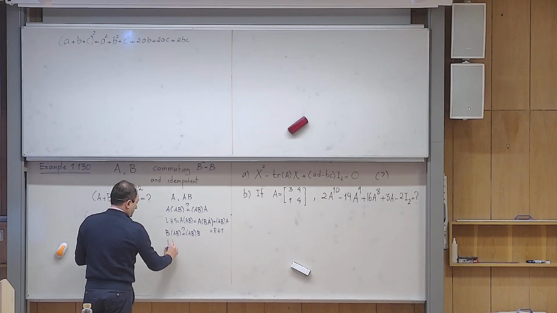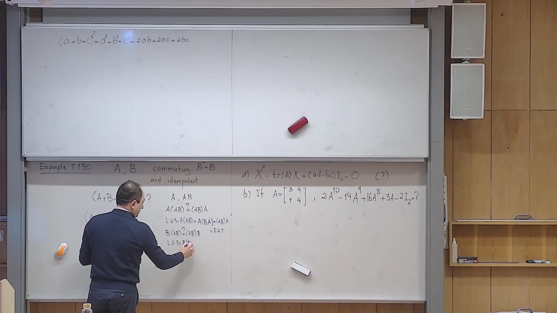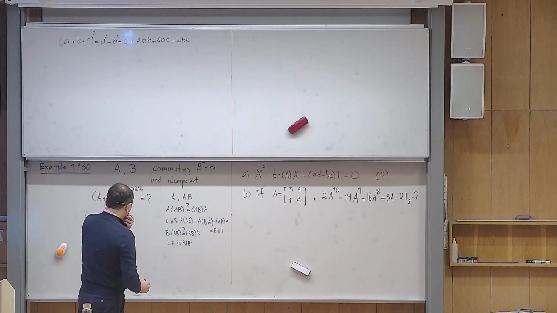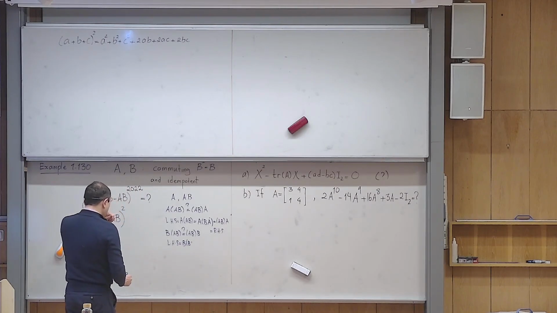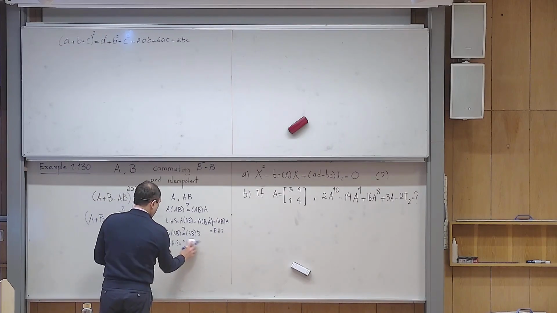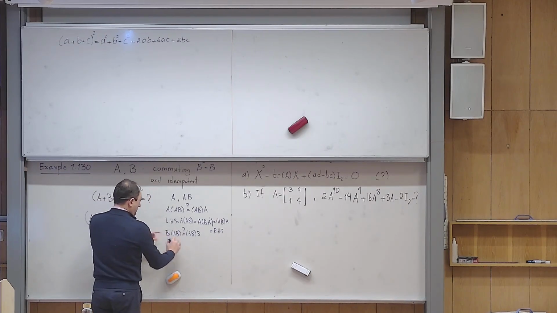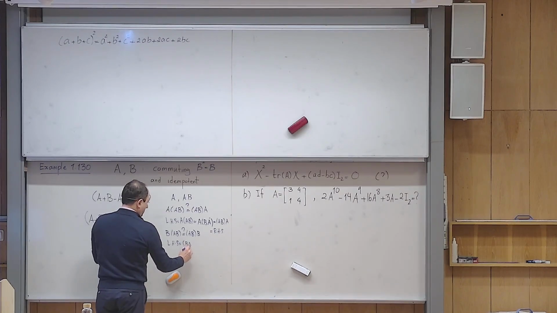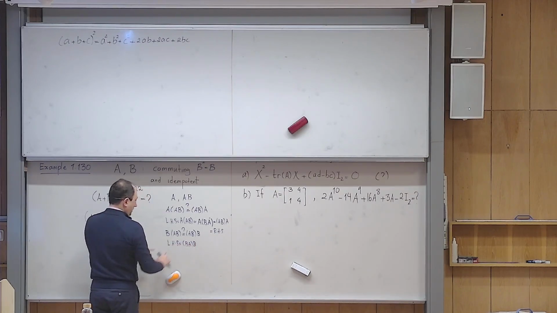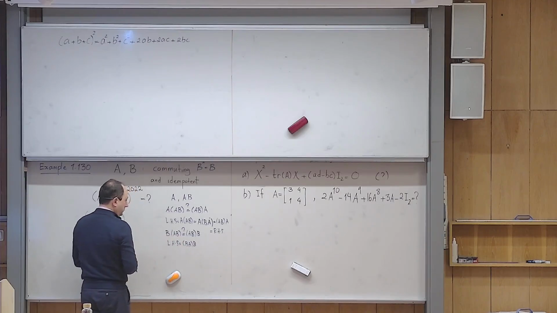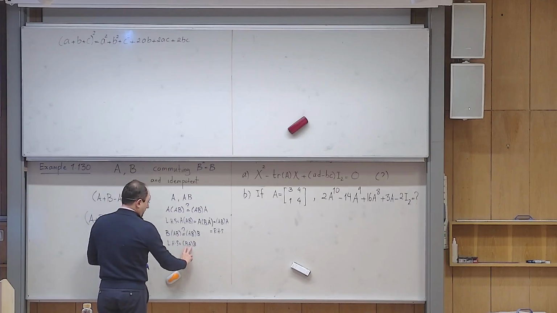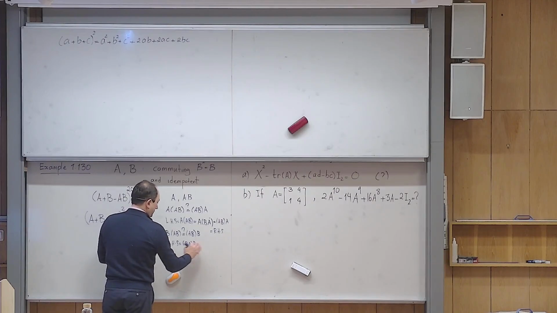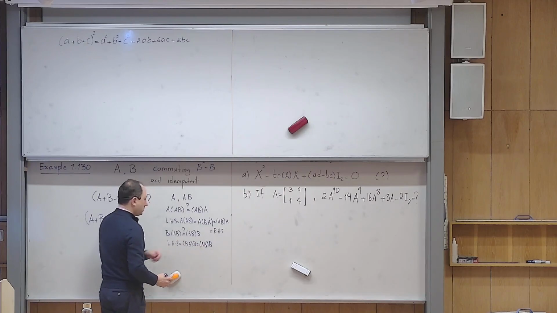Again, I can start from the left-hand side, then this is B. Might be I use associativity first, sorry. I use associativity first and I write B, A, and then B. I put the pair of brackets around the first pair, and then I can use commutativity to swap these two, so it becomes AB, B, and that's exactly the right-hand side.